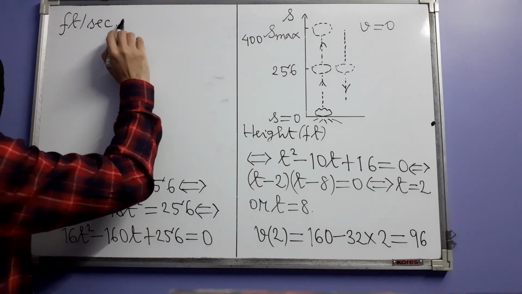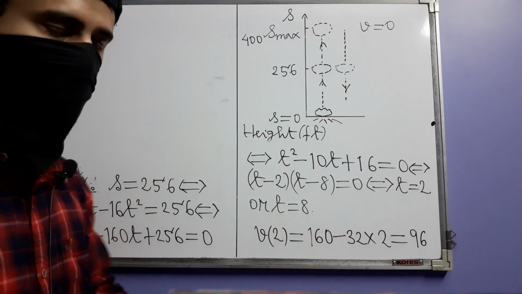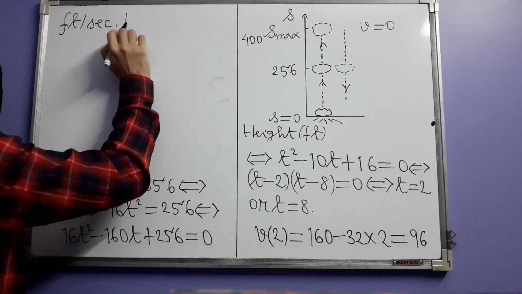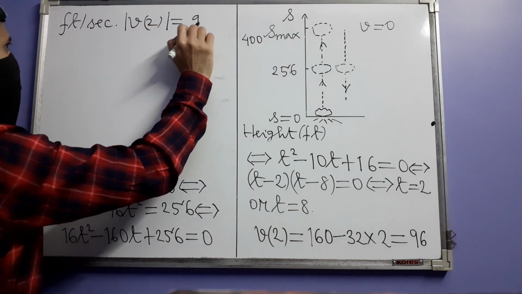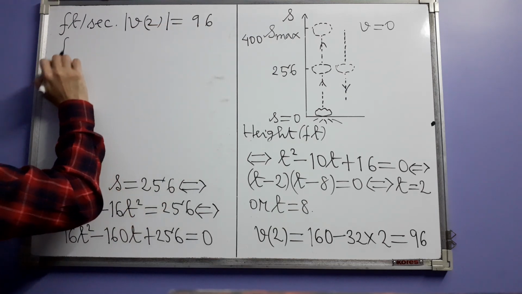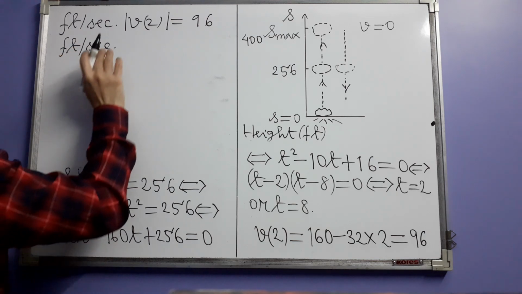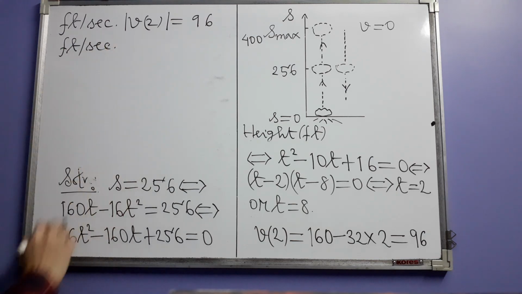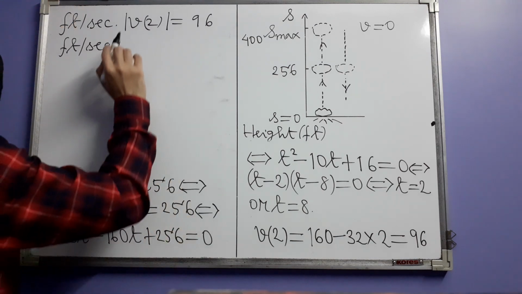And so what is the speed? This is the velocity. The speed is the absolute value. So this is also 96 feet per second. And what happens when t is 8 seconds?